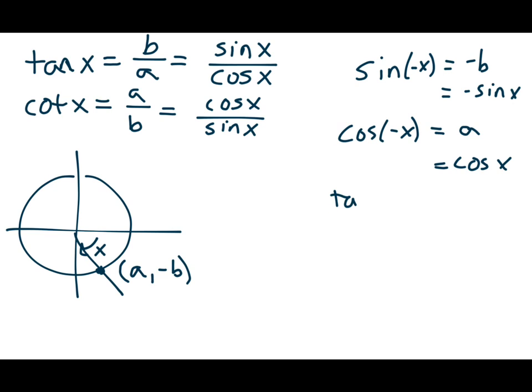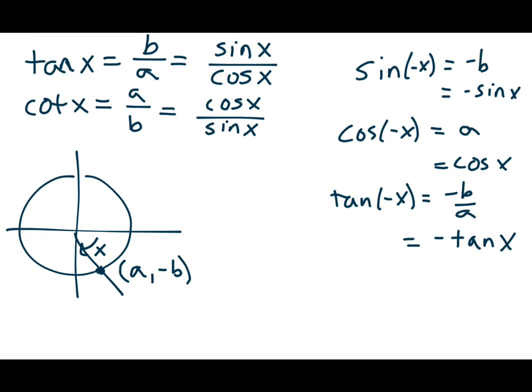If you look at tangent of negative x, that's going to be negative b over a, which is equal to negative tan of x. Okay? So there are some of our first basic properties.